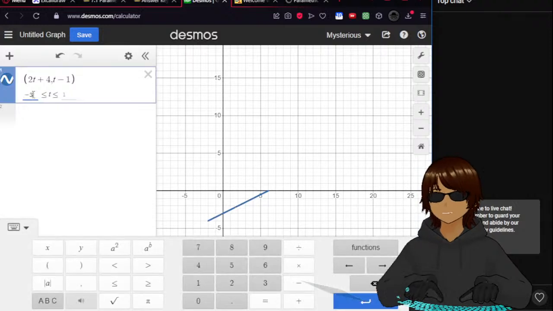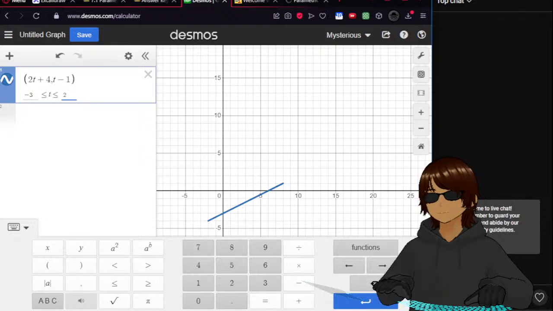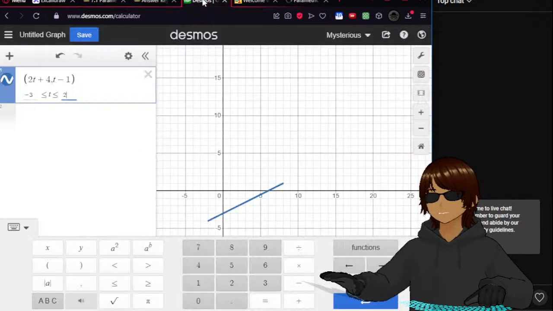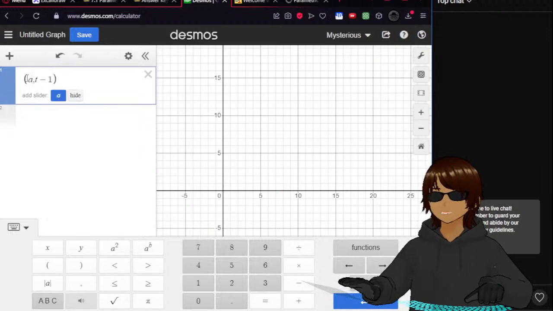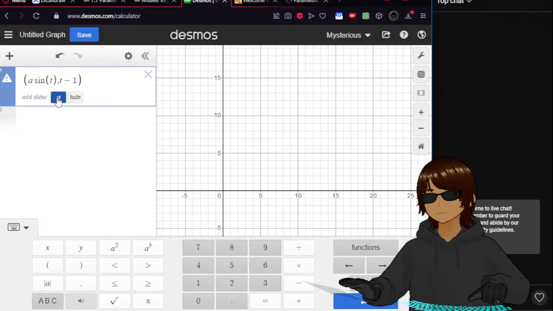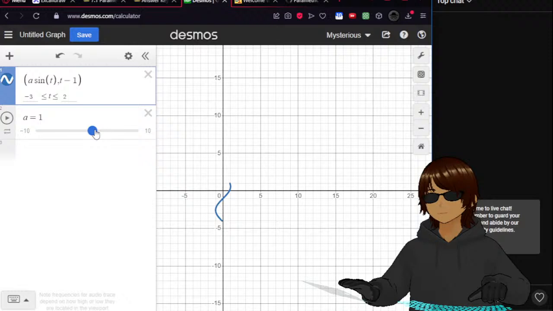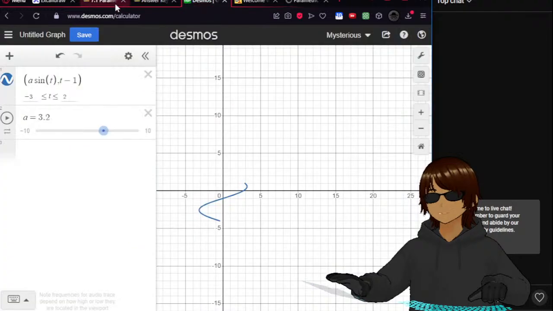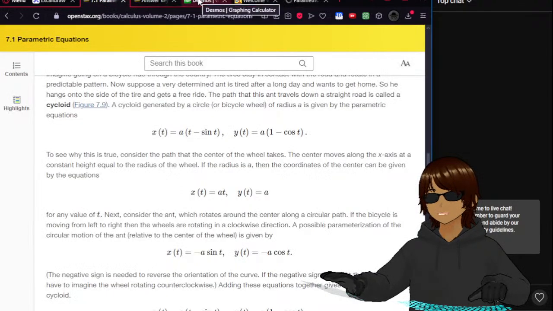T is negative 3, 2. Anyways, x is a sine t, then y is a cos t.